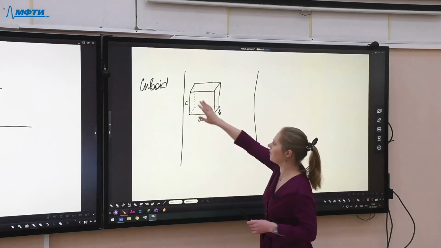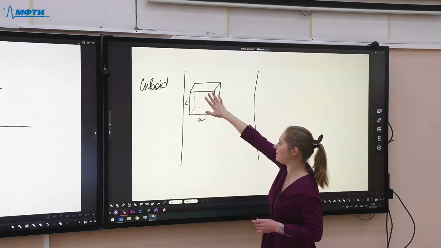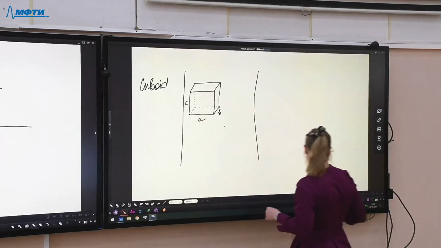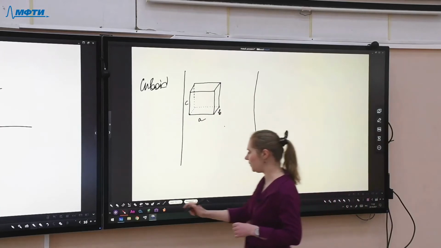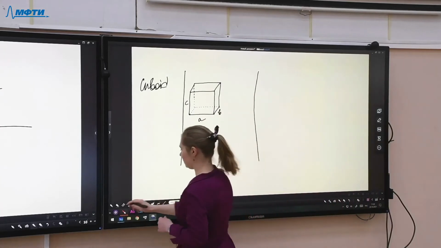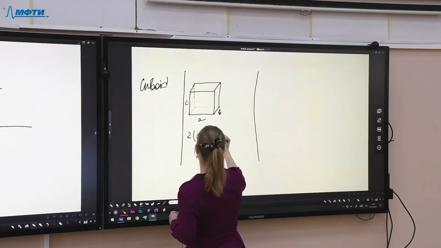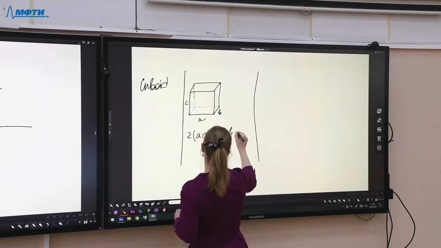The area, for example, of this face is AC, then BC, and so on. So the final area will be 2 times (AC plus AB plus BC).